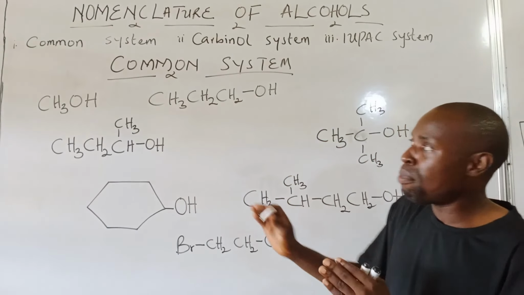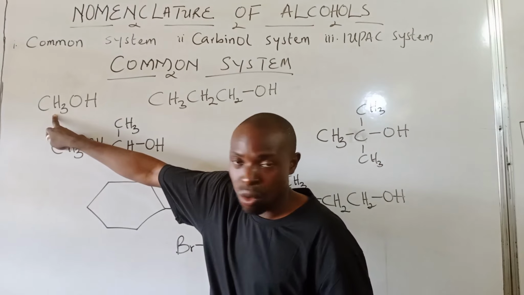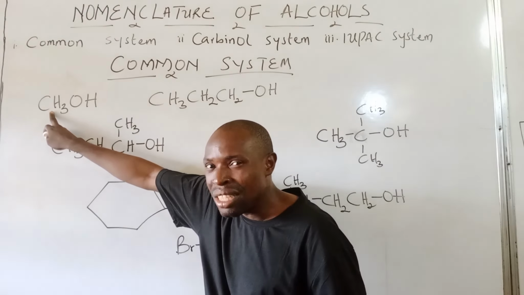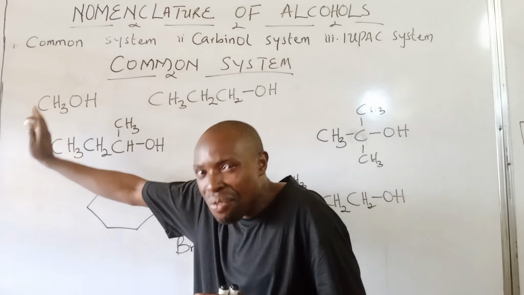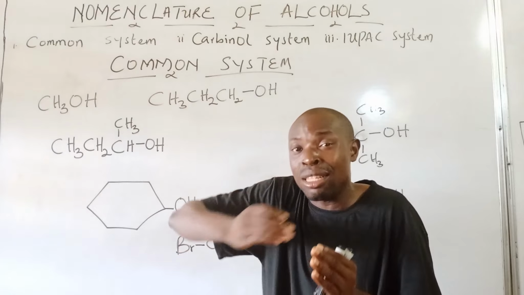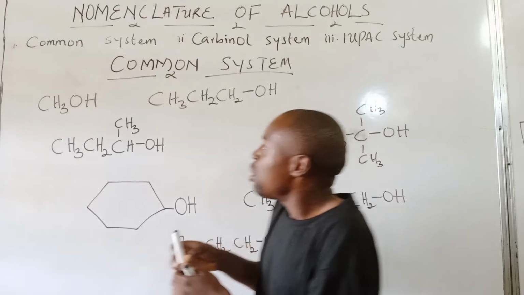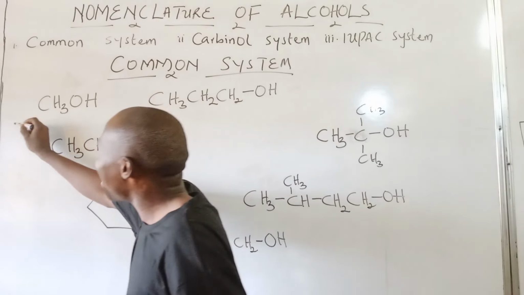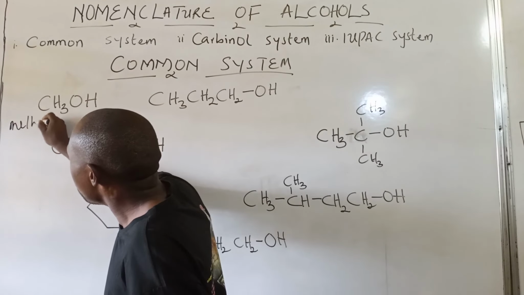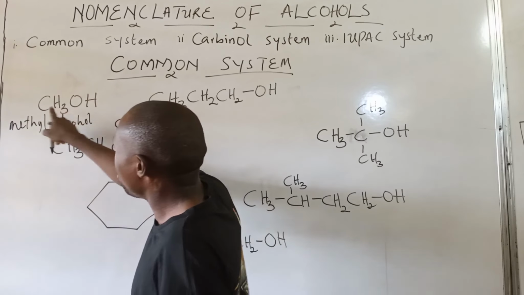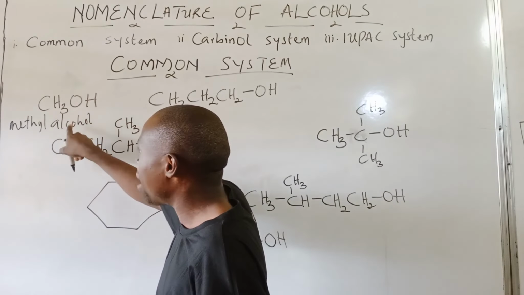The first example is the one we have here on the board. This one is called methyl. You name the alkyl first, then alcohol will be added as a suffix. So this is methyl alcohol. One carbon, methyl, then alcohol is added to it.